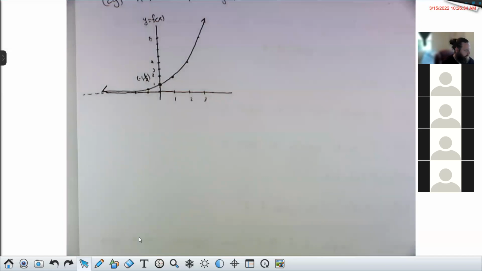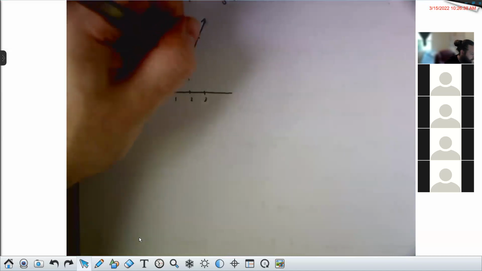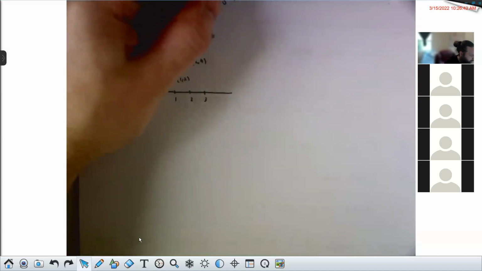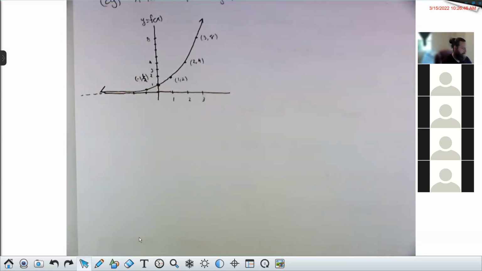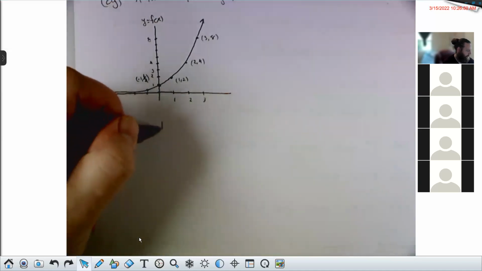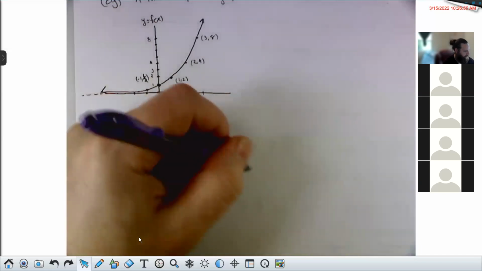I'll label these other points too. So this is (1, 2). This is (2, 4). This is (3, 8). All right, so we got plenty of points to play with. Here I'll give myself lots of space to graph the inverse.